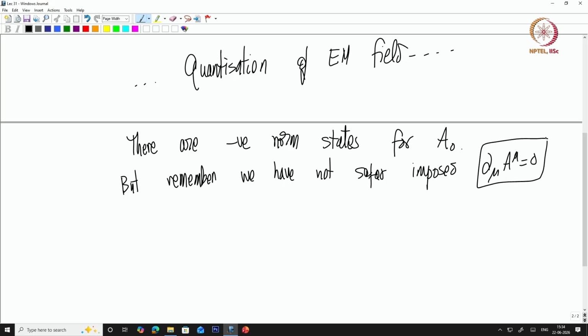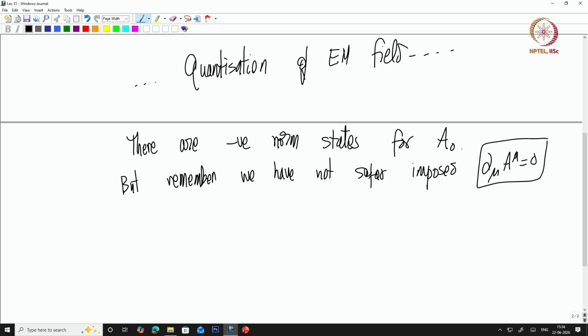Now, the point is whether we should impose this condition at the operator level or at the Hilbert space level. This is where the difference comes in. So, the idea is to impose this condition such that the negative norm states are removed.